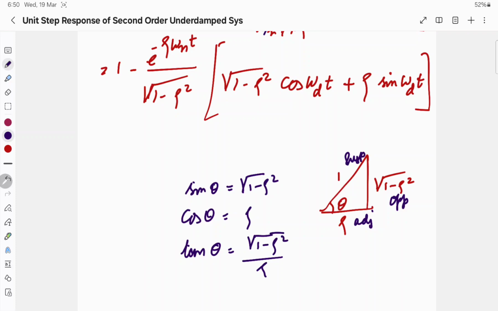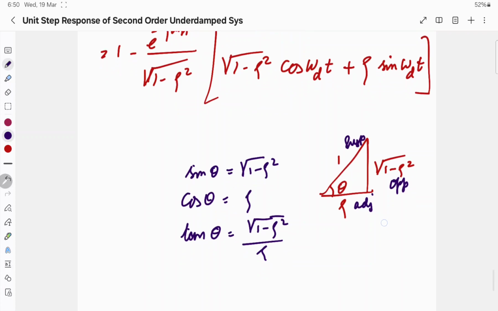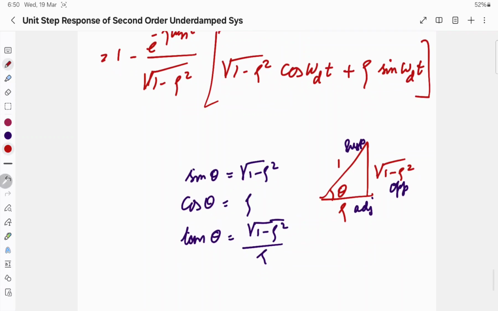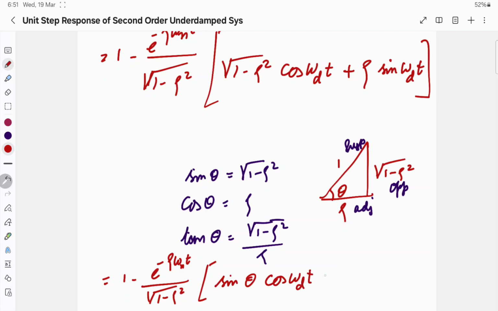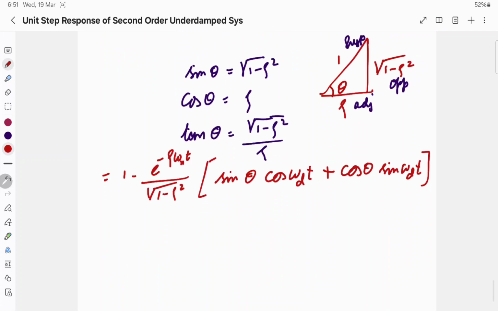So using this I can write 1 minus e to the power minus zeta omega nt divided by square root of 1 minus zeta square, times square root of 1 minus zeta square is sin theta, cos omega dt, plus zeta is cos theta, sin omega dt. Okay, so this is the sin a plus b formula.